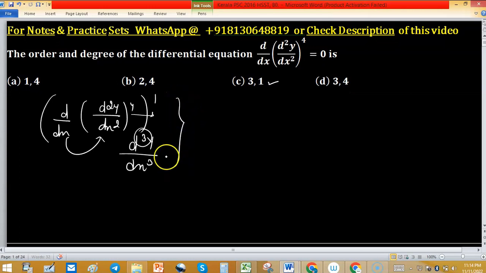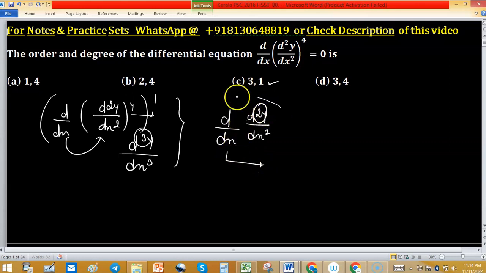In this problem, you have to be careful. Please do not consider d2y over dx2. So 2 is not the order of this differential equation because we are doing differentiation again with respect to x. So this will be the required differential coefficient to tell the order.